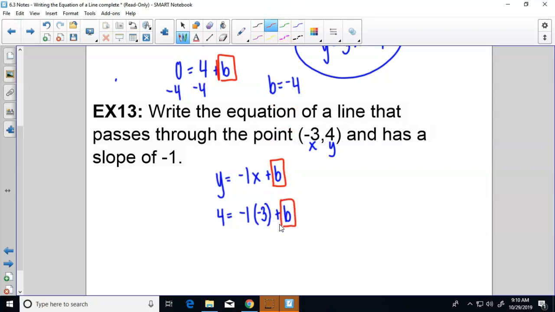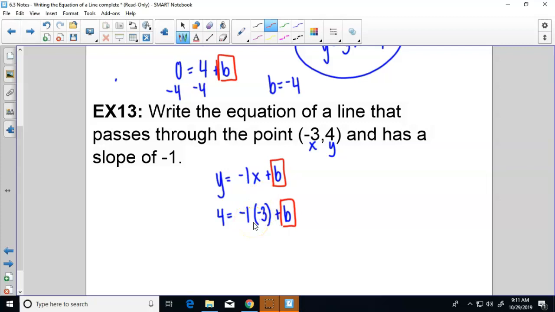What would I do first for that, Olivia? I've got something there that I could do really easily just because they're beside each other. Before I get rid of anything, that negative 1 and that negative 3, I could just multiply them together first.